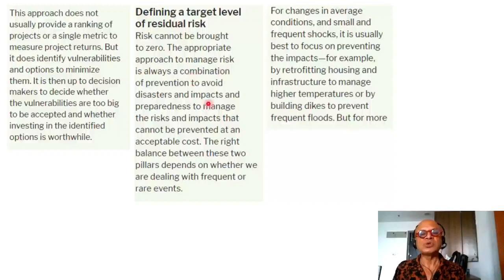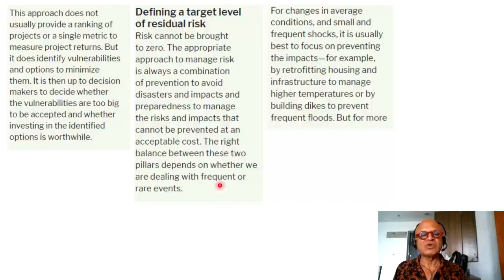The appropriate approach to manage risk is always a combination of prevention to avoid disasters and impacts, and preparedness to manage the risks and impacts that cannot be prevented at an acceptable cost. So this old cliche again of managing the unavoidable and avoiding the unmanageable often doesn't work out. You may leave both of them incomplete.